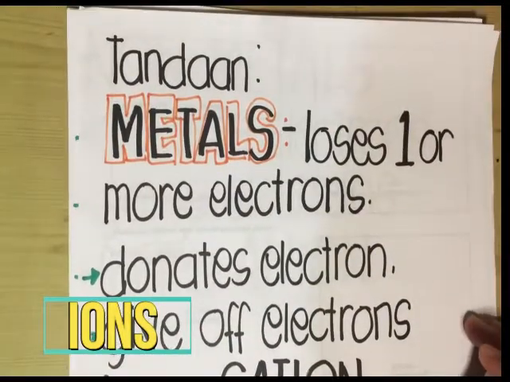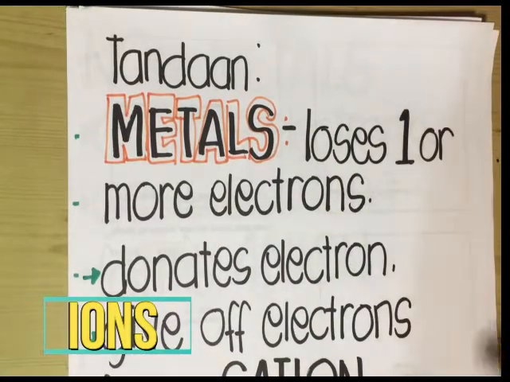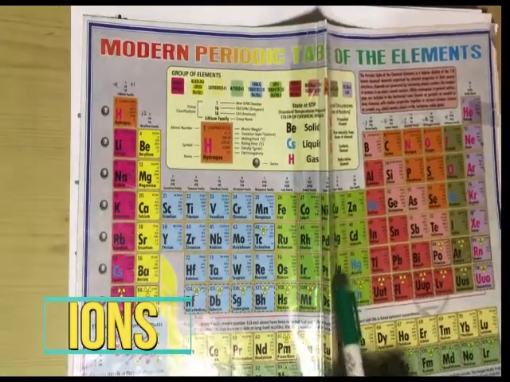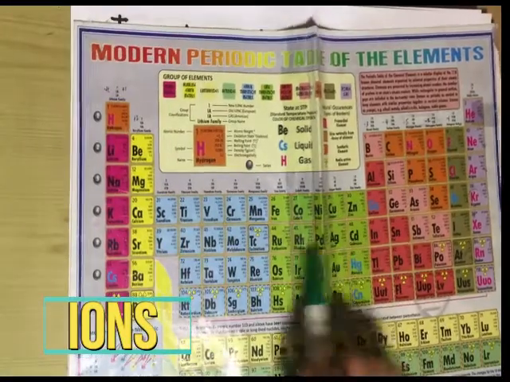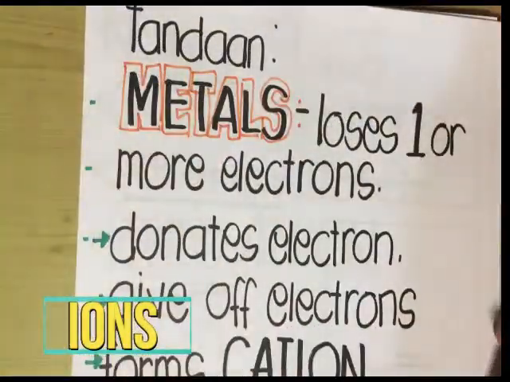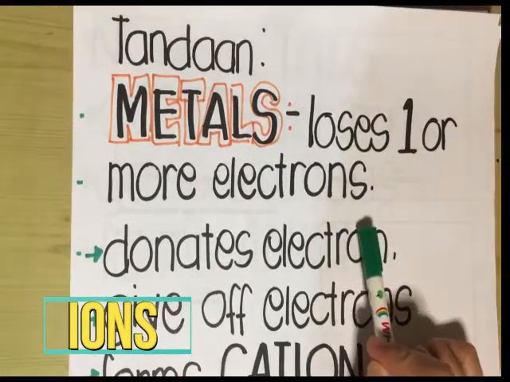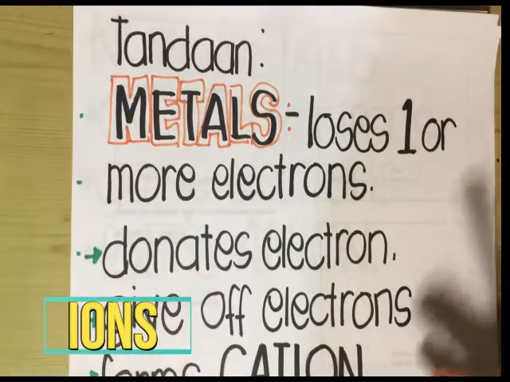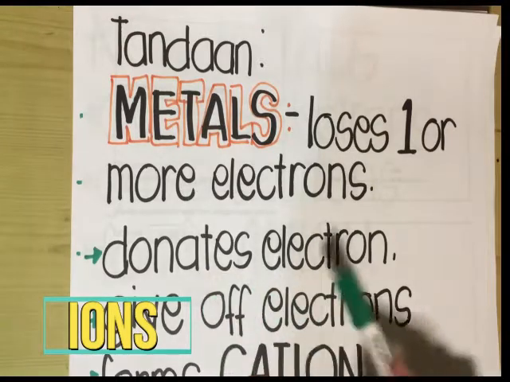Another is, tandaan, metals. Remember those metals or metallic elements? Again, metallic elements are found on the left side of the periodic table. So, mula dito, lahat yan ay metals. So, metallic elements lose one or more electrons. Ibig sabihin, yung mga metals, they tend to lose. Nawawalan sila ng electron. They donate electrons.